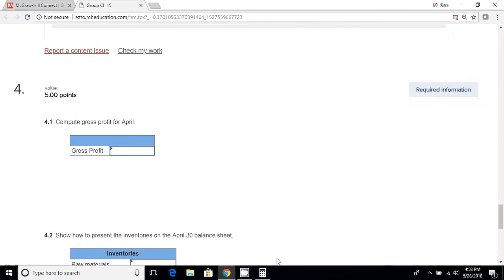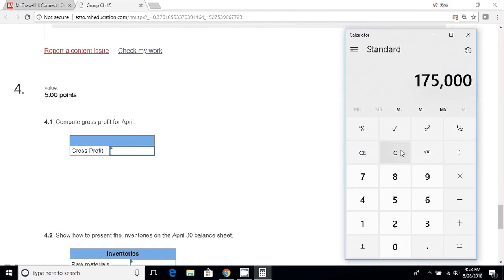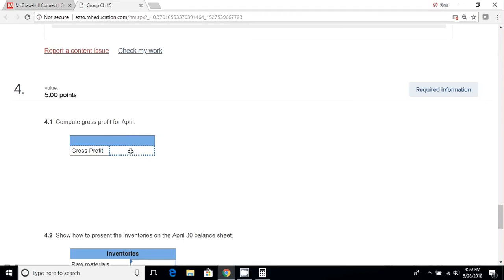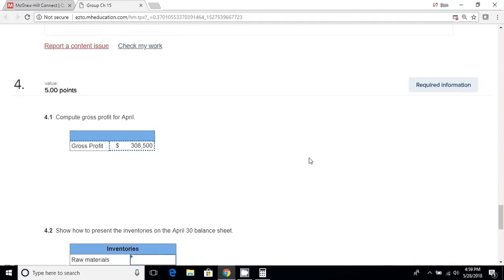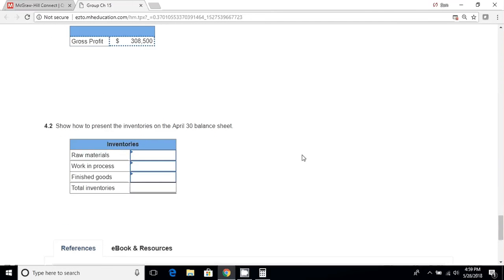So if I pull up a calculator, I take the $635,000 in sales minus the $326,500 for my cost of goods sold, and it tells me that I have gross profit in April of $308,500.